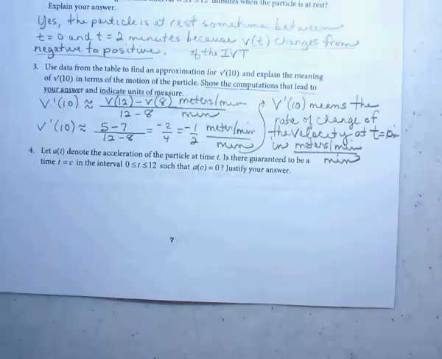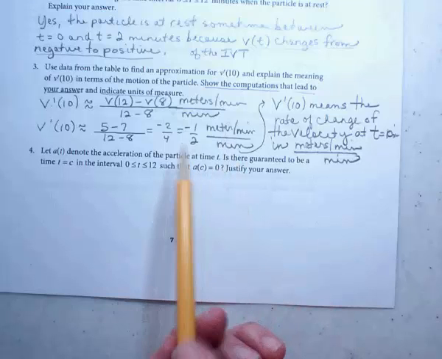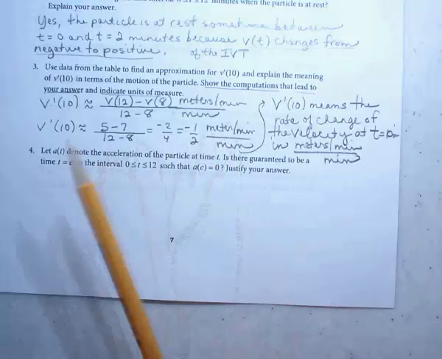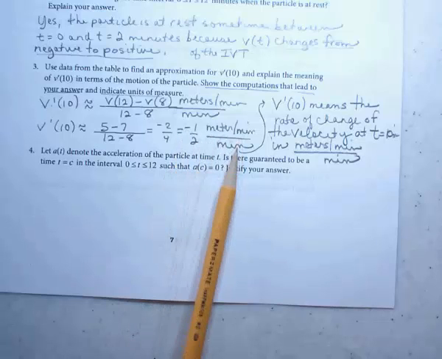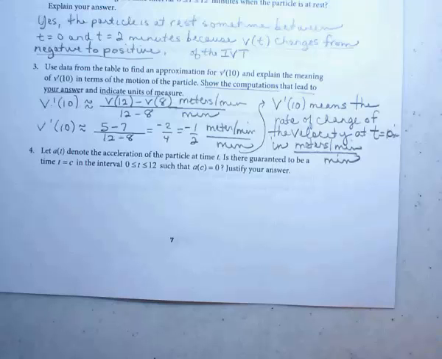Or you could say it's the acceleration at time equals 10 minutes in meters per minute every minute. So the particle's acceleration at time equals 10 minutes is negative 1/2 meters per minute every minute. That would be acceptable too.